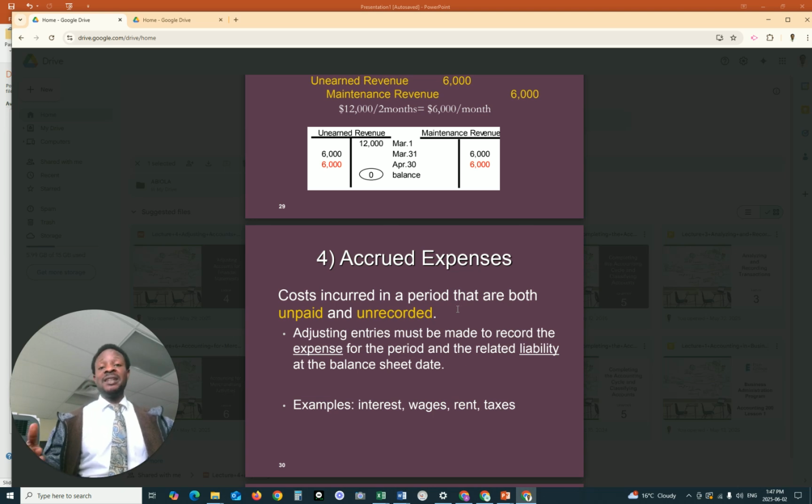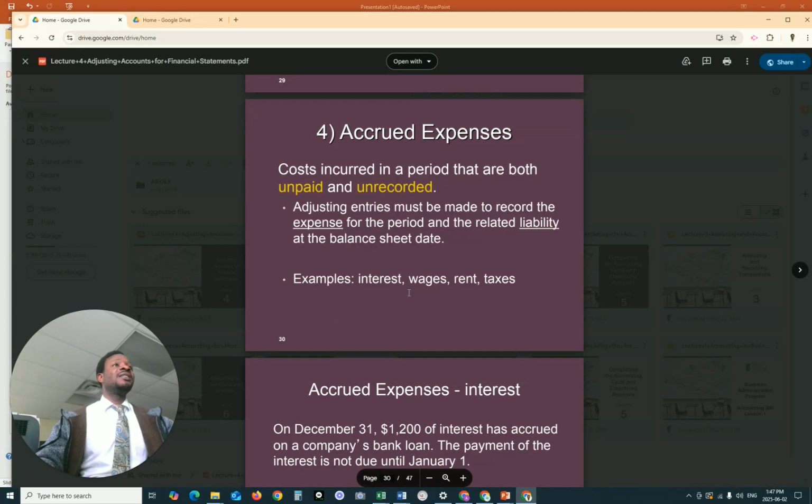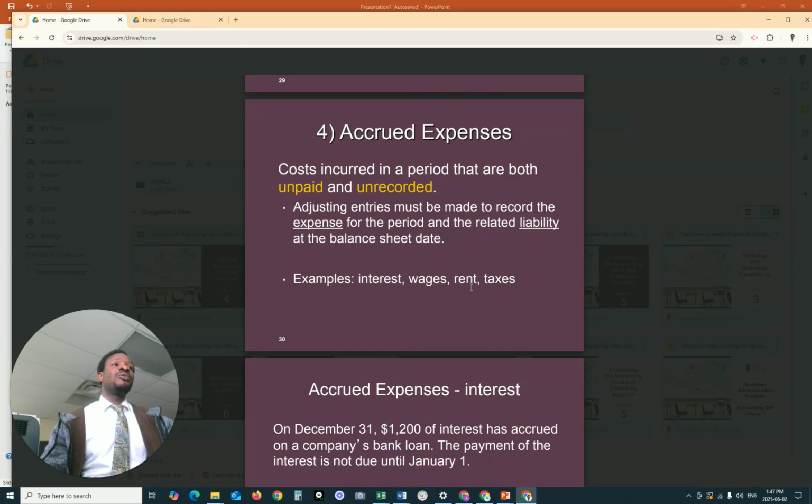Wages and salary at the end of the month that you have not paid. Or rental expense. Any expense that you have used up, that you have incurred, that you have not yet paid, is an accrued expense. It is a liability. Example, interest can be accrued, wages can be accrued, rent can be accrued, taxes can be accrued.